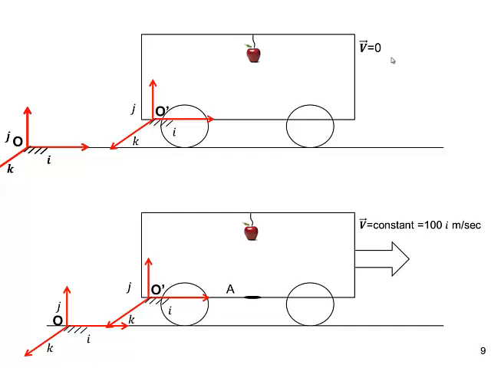If the wire is snapped, the apple in the cart at rest falls to a location A directly below it inside the cart. For the second cart, which is moving with a constant velocity of 100 meter per second, will it fall on the same location A?